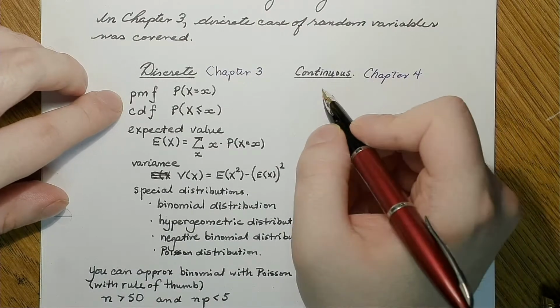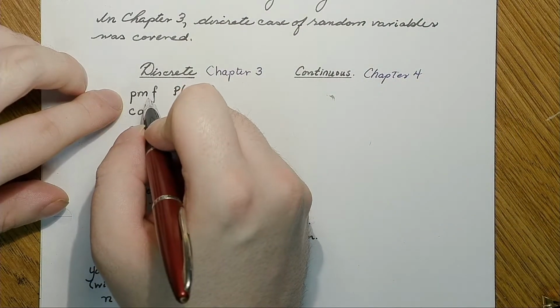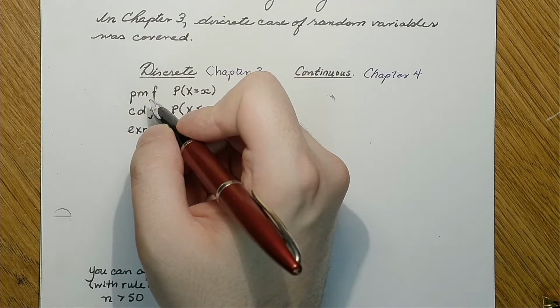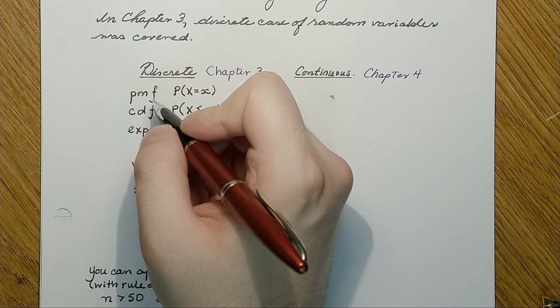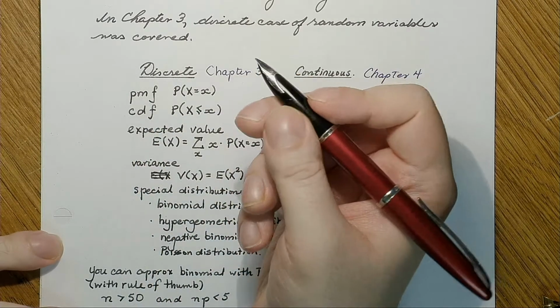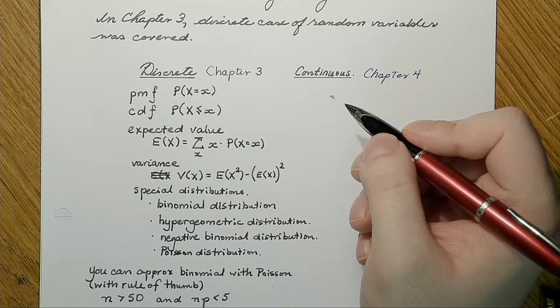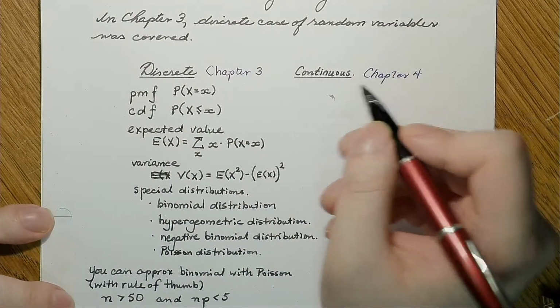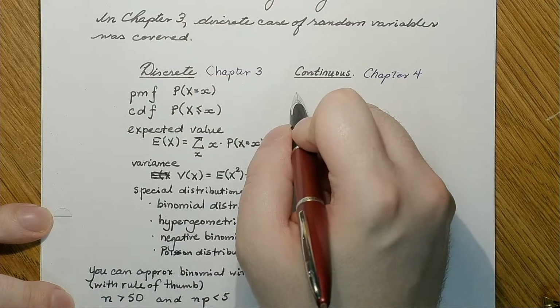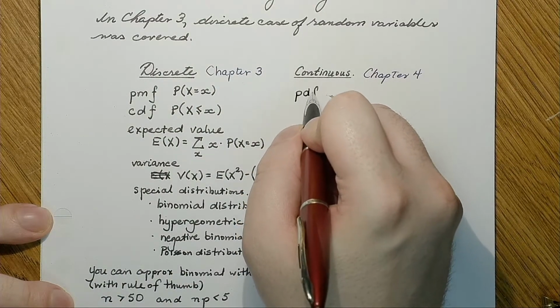Instead of a function defined on discrete points, now we have to start thinking about things over intervals. So we're not defining it on points anymore, but on intervals. So instead of a PMF, we have what we'll call a PDF.